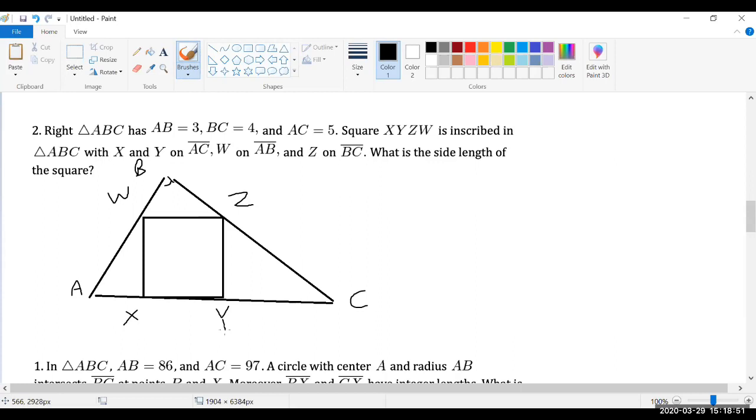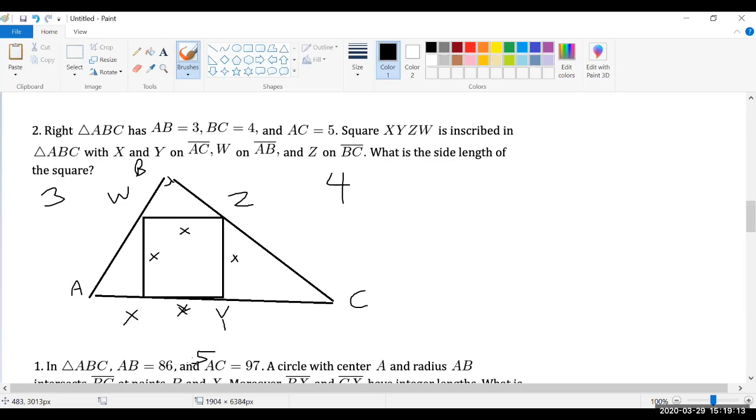It's asking for the side length of the square, so let's just let that be x, so we don't have to solve for it again. AB is 3, BC is 4, AC is 5. So we know that this big triangle ABC is a 3, 4, 5 right triangle, right?